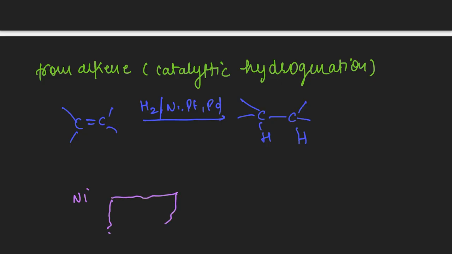and electrons are on the surface of nickel. Hydrogen is on the surface of the nickel. The electrons are flowing, and hydrogen adsorbs on the surface of the nickel. Now this hydrogen attacks the C double bond C, and it attaches over here.